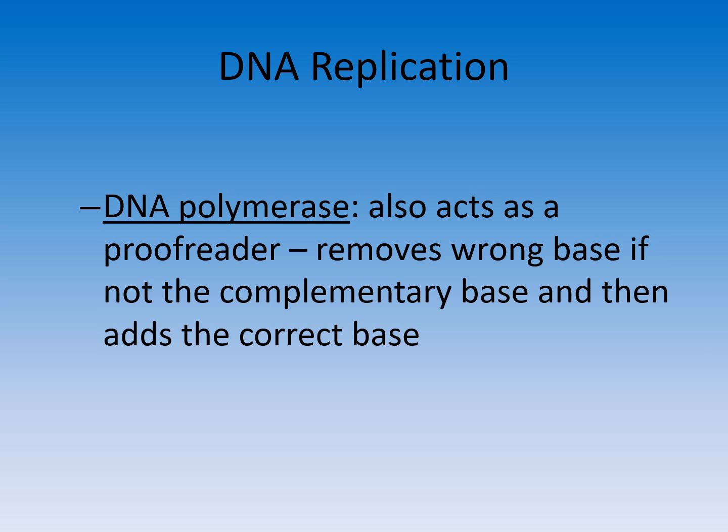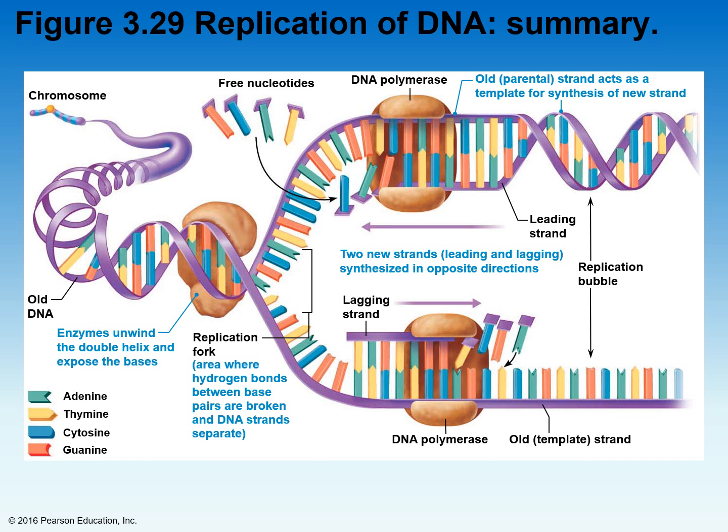They have been able to estimate that DNA polymerase is adding bases at a rate of about 2,000 bases per second. So it is moving. So here's another picture that has it all in. It's a summary sheet. Hopefully this will help you to see that you have your original DNA over here.